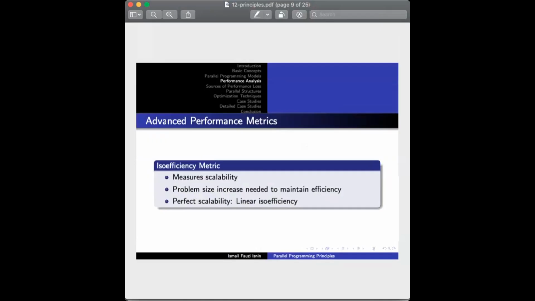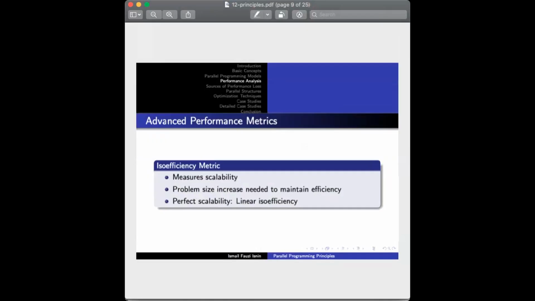If your problem size has to grow exponentially to maintain efficiency, your algorithm is fundamentally unscalable over large hardware configurations. That's the conclusion. We can use this metric to look at scalability.